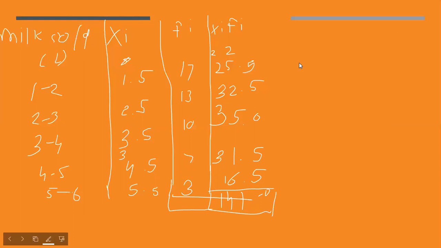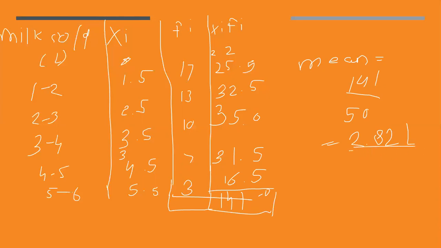So the mean is easier to calculate now because you don't have to add the products, so there won't be any calculation mistake. So 141 divided by 50 is our desired mean, and if we solve this, it will be 2.82, and we have to use the unit also, so it will be 2.82 liters.